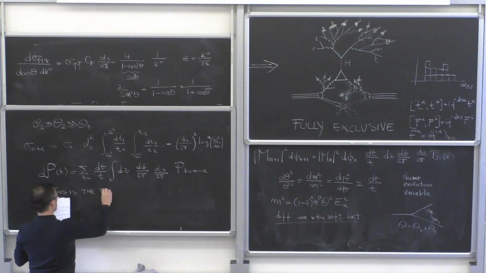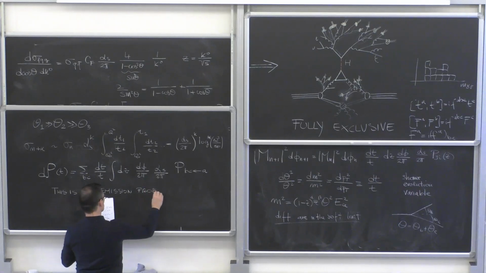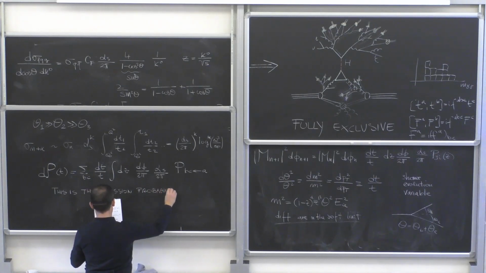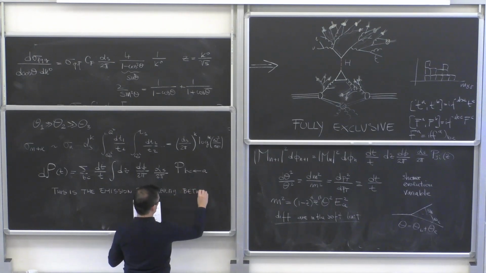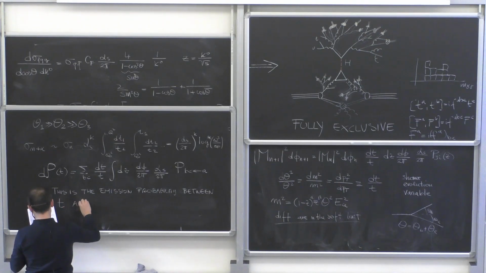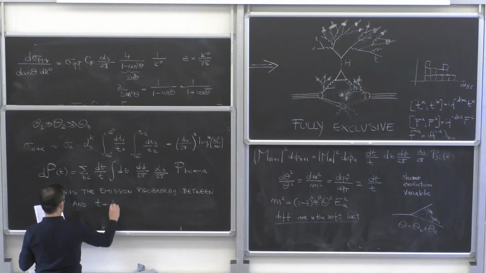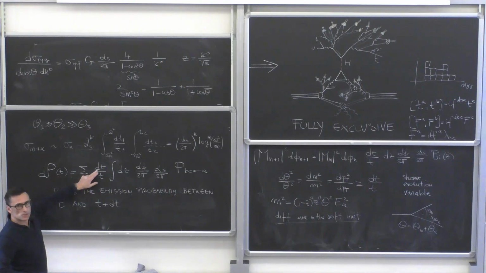and this is the emission probability between t and t plus dt. Okay, so I call this differential probability the probability of one emission, of emitting, in the time interval between t and t plus delta t.